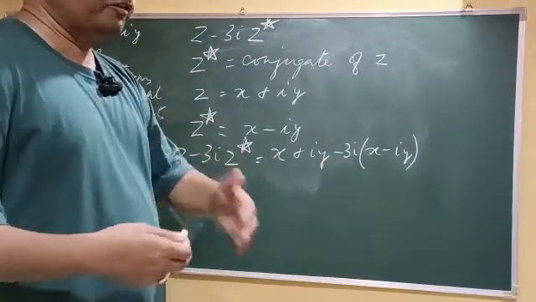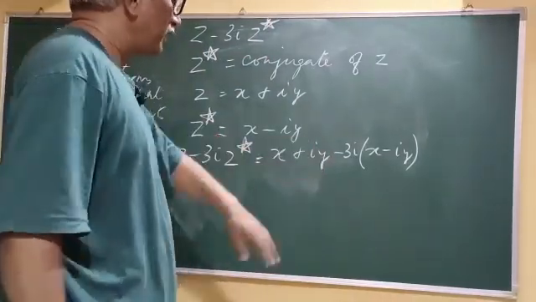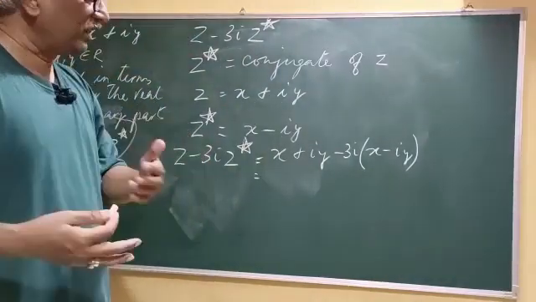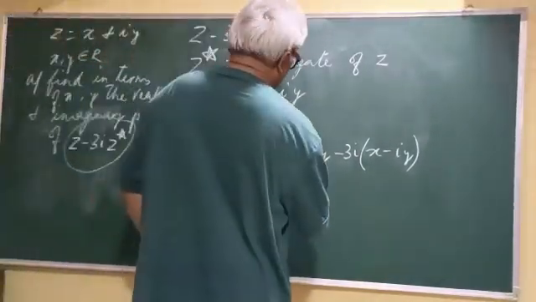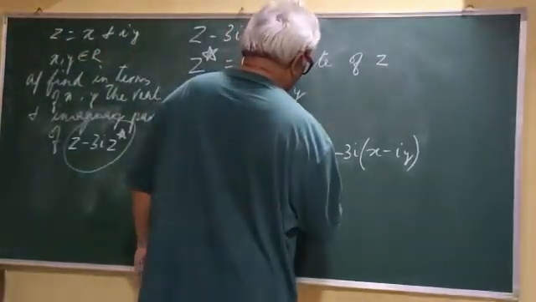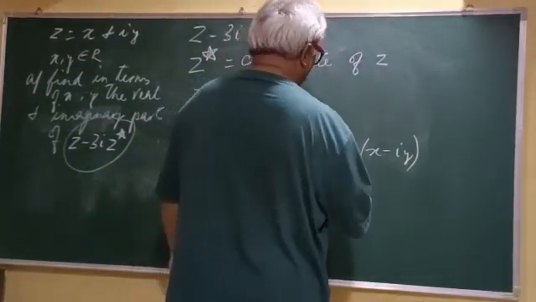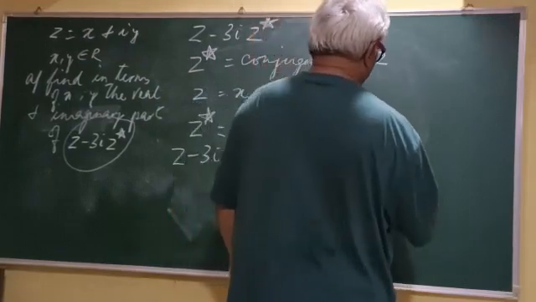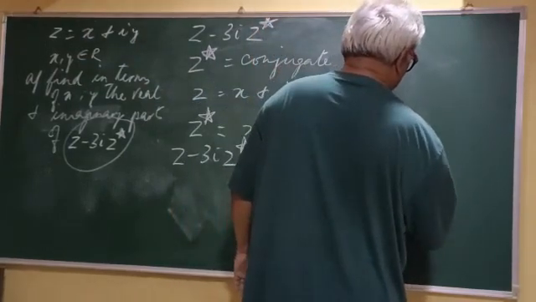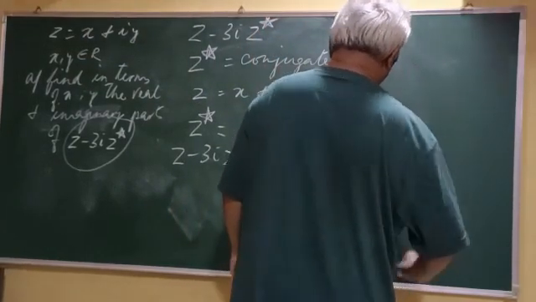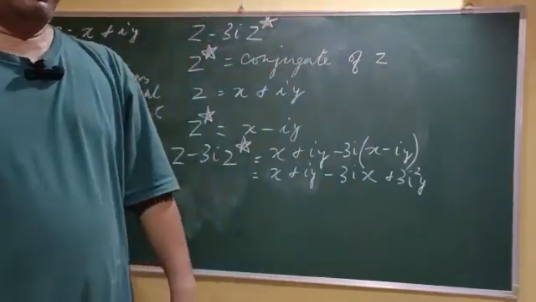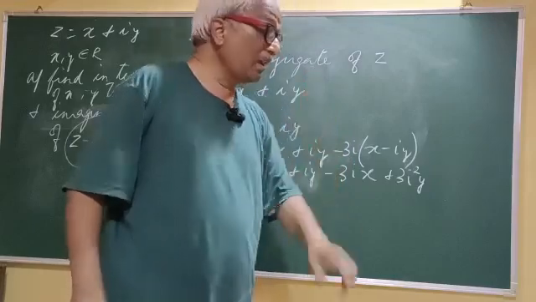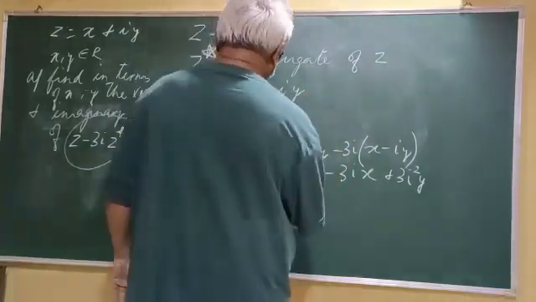Now we will open the brackets first and then do a bit of simplification. So x plus iy minus 3ix plus 3i square y. Correct? Now recognize this is 3i square. What is i? i is root of minus 1.